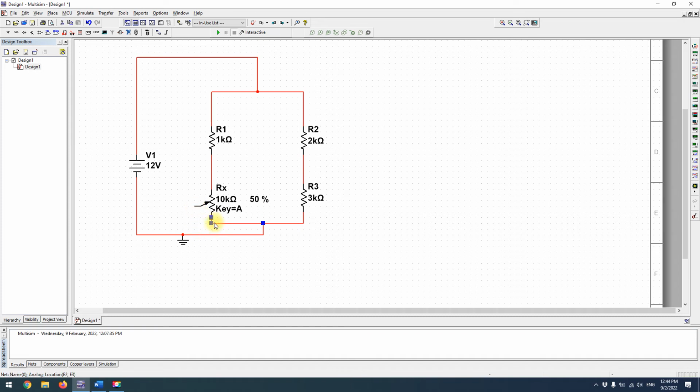This is not supposed to be here, it's supposed to be here. Let me push it down a little bit.